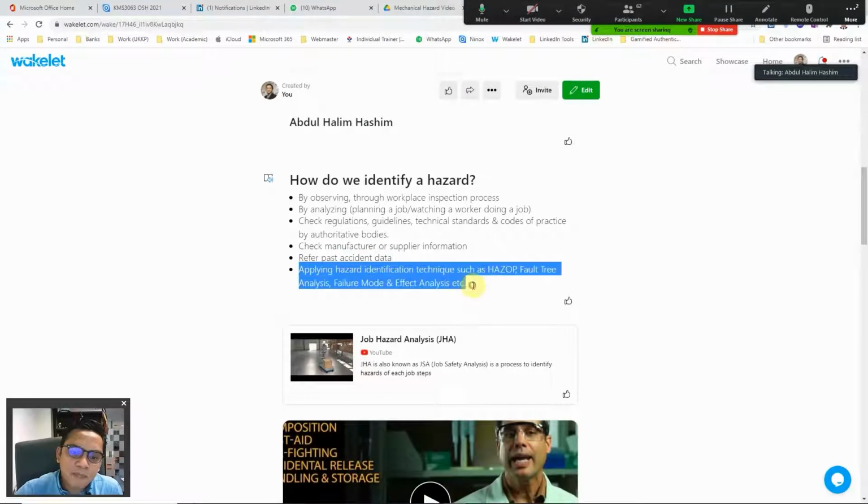And there are also complex methods, especially in high-risk industries, whereby you can apply certain techniques, such as those listed there. There's HAZOP, Hazard and Operability Study. There are also fault tree analysis, failure mode and effect analysis, and bow tie analysis. These are techniques made specially by the industry, tools that can be used to discover the hazards related to a certain job or a certain process.